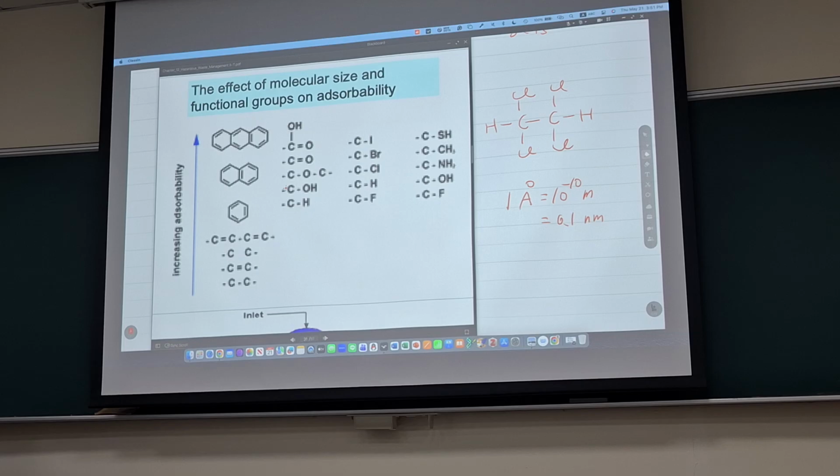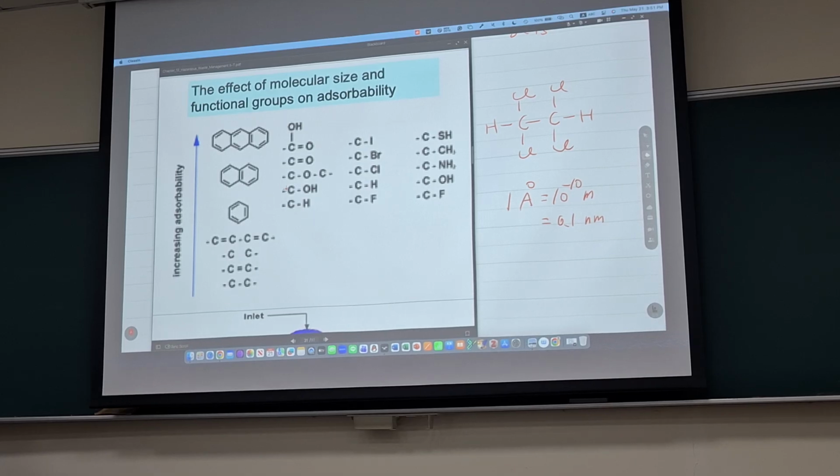Besides that, we can also immobilize some functional groups on the pore surface. Those functional groups will help adsorption.